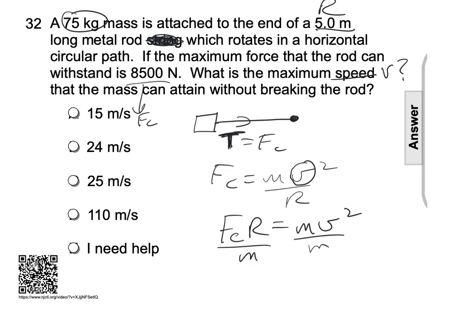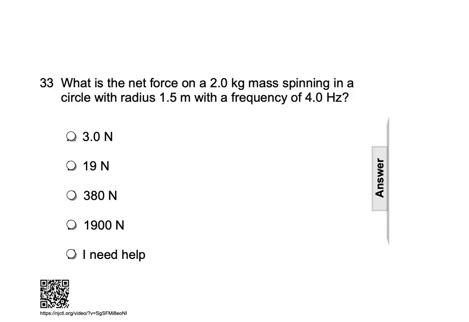Divide both sides by m, and then square root both sides, so that v equals the square root of the centripetal force times the radius, divided by the mass. And you can solve that. Here again, it's one of those nasties. And that force is the centripetal force. That's what I'm looking for.